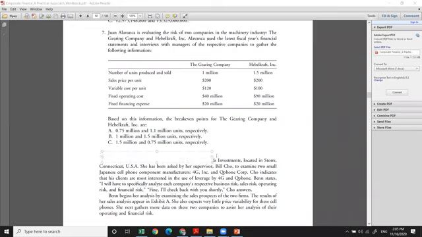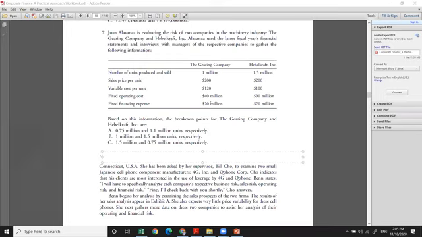Let me do it very quickly. So for the first company that we calculate, the fixed cost is 40 million. Fixed financing expense, like interest expense, is 20 million.